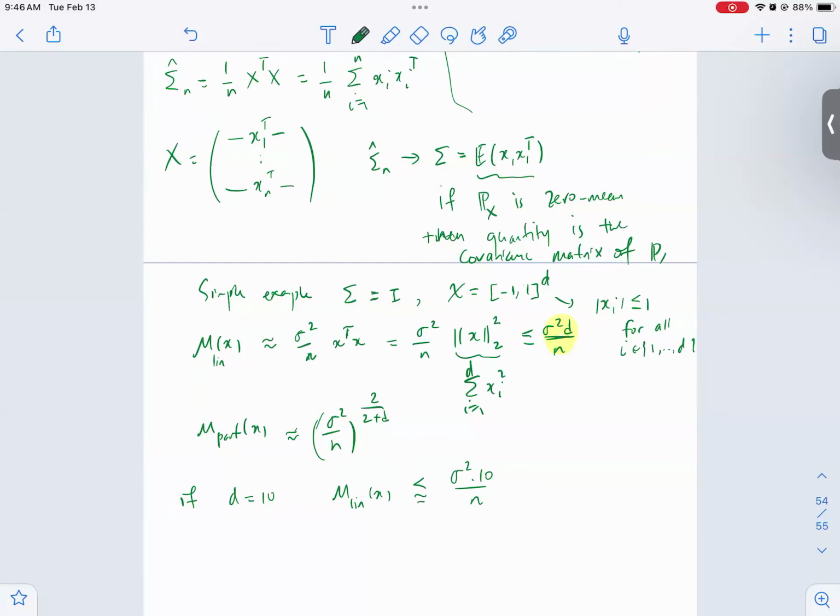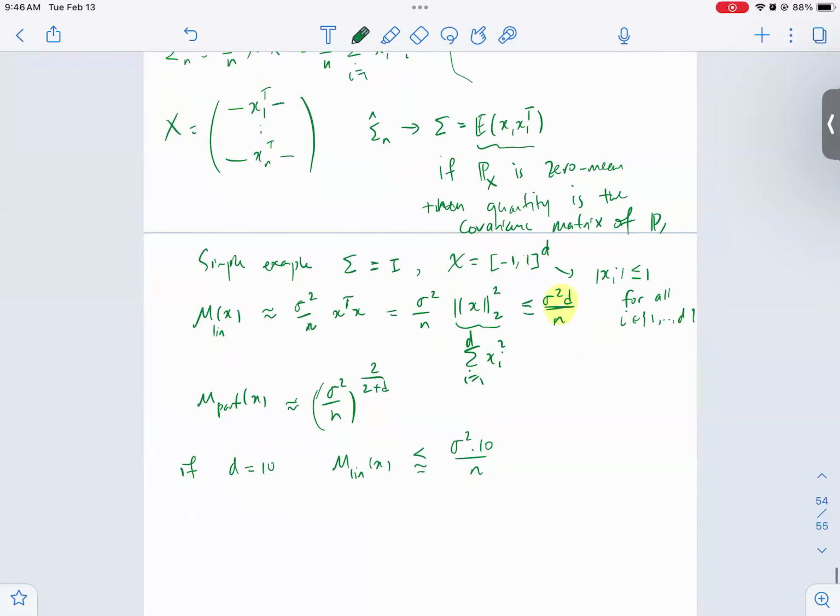So the rate still goes down like 1 over n. You get a factor which is problematic, but as n gets large you don't worry too much. But the partitioning estimator is going to be sigma squared over n to the 2 over 12, right? Which is 1 over 6.